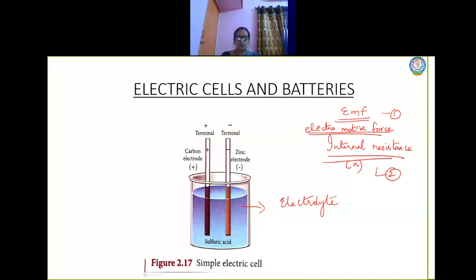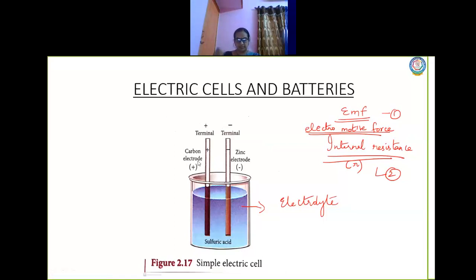The EMF of a battery or a cell is the voltage provided by the battery when no current flows in the external circuit. Here it is not connected to an external circuit, but still there is a potential difference between the terminals of the battery. You call that EMF.